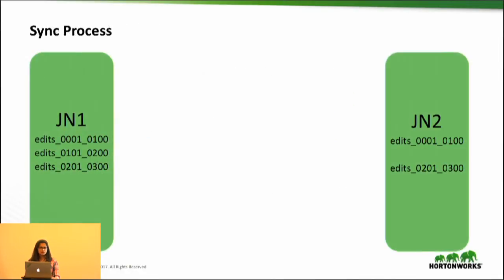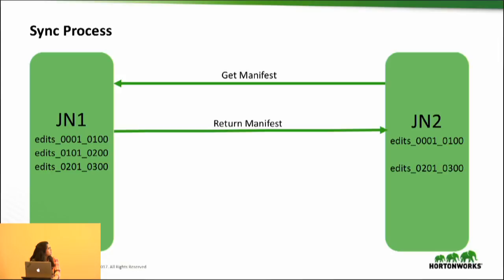Let's see how the sync process takes place. Continuing with the previous example, journal node 2 has a missing edit log segment, edits 101 to 200. During a sync cycle, it requests journal node 1 for its manifest. Journal node 1 sends its manifest with the list of edit logs that it has.